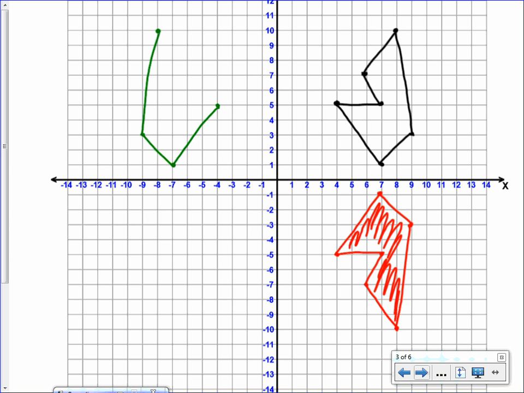I think that's right. I think I got it. Okay, go ahead and give it some love if you want to and color it in when you're all done.